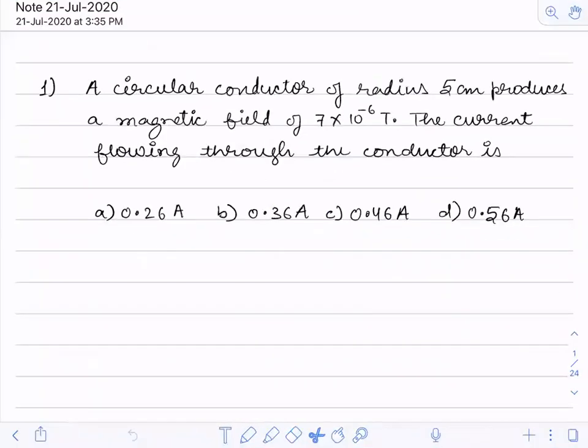So today we are going to discuss the questions that I had given over the past 3 days. We'll discuss one by one. So shall we start?